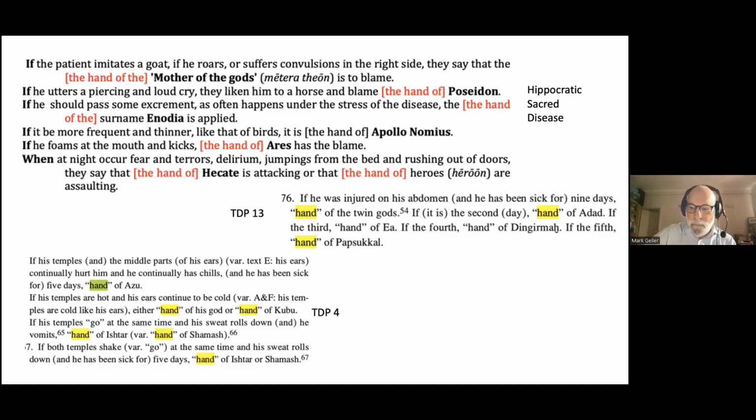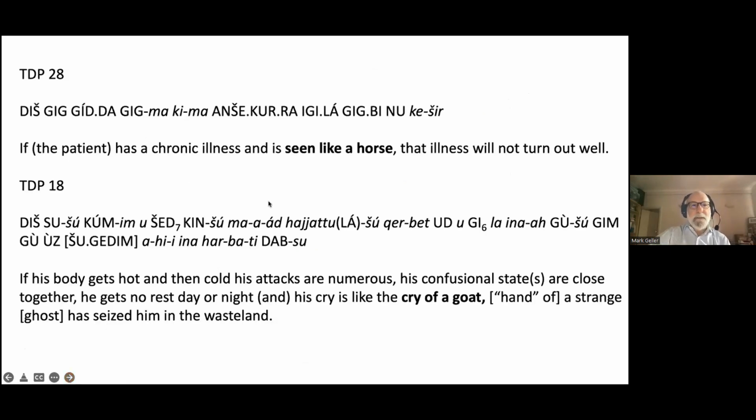Now, there's even more to it than that, because if you look at the passages themselves, some of the specifics in the passage in the Sacred Disease look similar to specific references in the Diagnostic Handbook. For instance, the person is compared to a horse, or there is the cry of a goat.